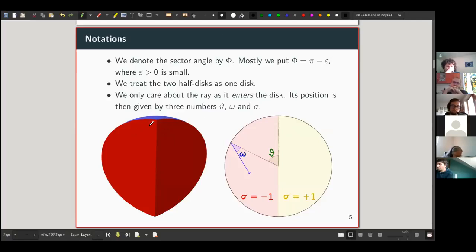So first of all, we take the 2 halves of the disk and treat it just like one disk, because it's nothing more than a disk that has been slightly bent here, through this line. And a nice consequence of this fact is that if we remove that bend, then the particle will just go in straight lines on the disk.